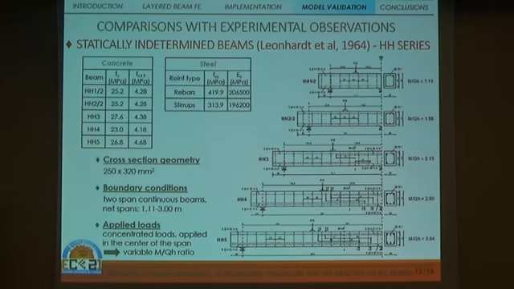As regards statically indeterminate beams, the results reported here are relative to the HH series, which is constituted by 5 specimens with the same cross-section geometry and the same loading and boundary conditions, since the specimens are continuous beams on 3 supports subjected to 2 concentrated loads placed in the middle of each span.